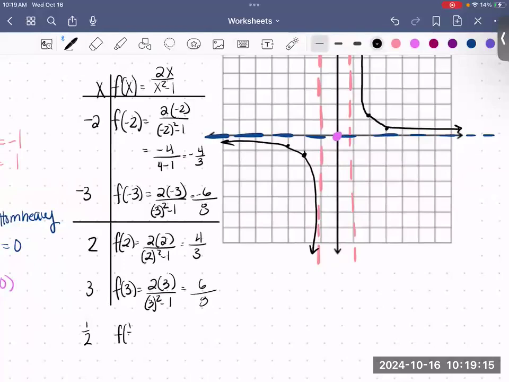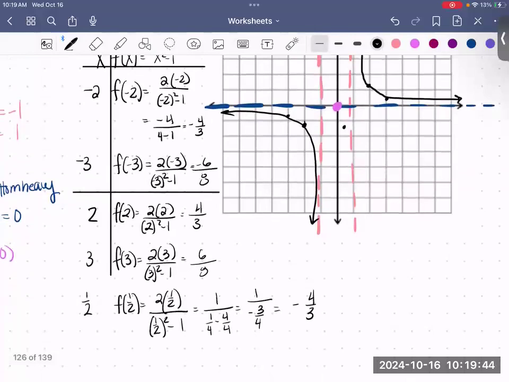So f of +1/2 is equal to 2 times 1/2 over 1/2 squared minus 1. So we're at 1 over, let's see, 1/4 minus 4 over 4. So it looks like we are going to be negative. So we have -3 over 4, which means we have -4 over 3. So it does look like we are going to be coming down over here.